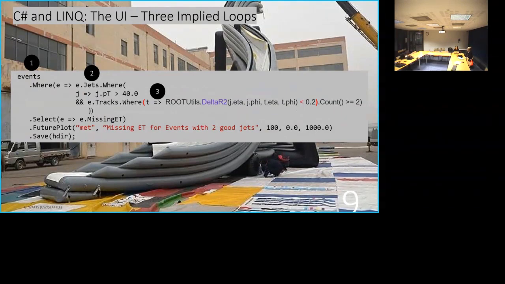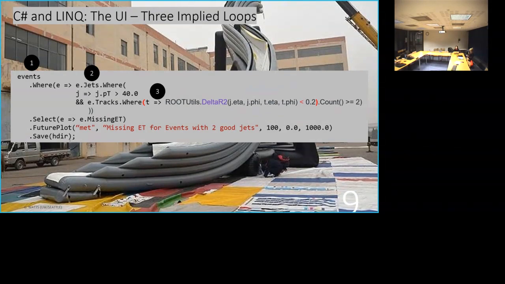And you see I had to use a delta R squared function. I was too lazy to write that correctly myself, so I wanted to use a particular ROOT library. This is like the function table that Harrison was talking about a little bit earlier. So if the event passes that, then we select the missing ET, and then we make the plot, as you see there, and then save it.